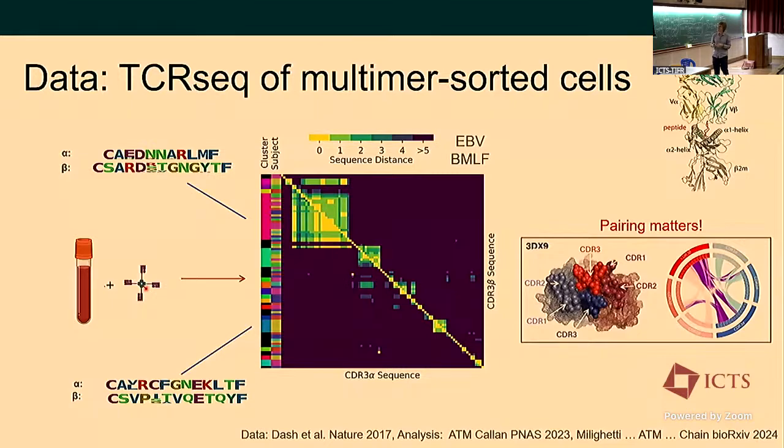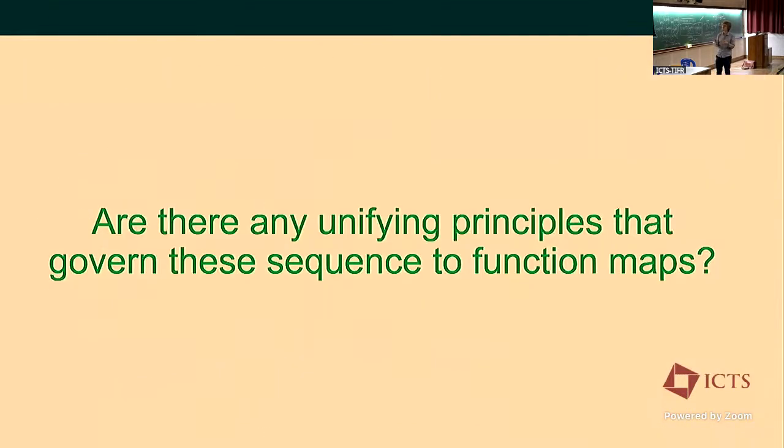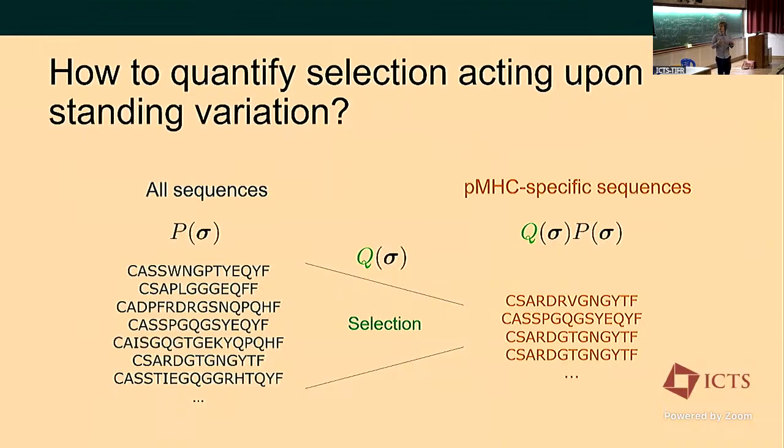Perfect. Good. Great. So we have many such maps, and we're trying to learn some general rules. So let me introduce you to some notation that's going to help with the statistical framework that is about to follow, which is the idea that we have probability distributions. We're thinking about generative models, in the way that we've heard about also earlier today. So we can think about the probability distribution of all the CDR3 regions, if you want, of all possible sequences that can be made by recombination.